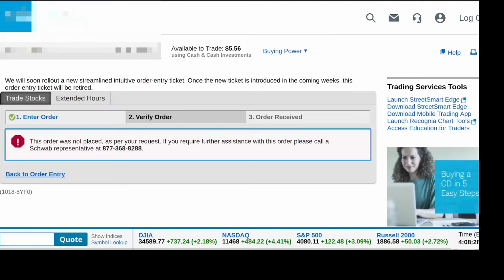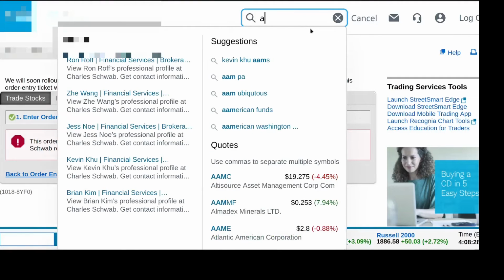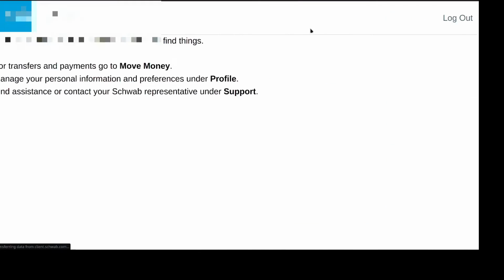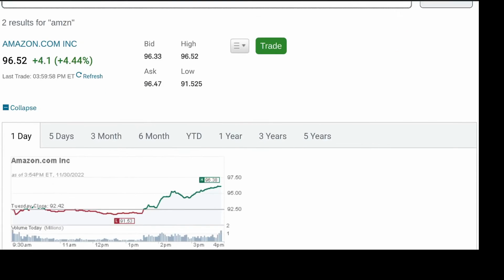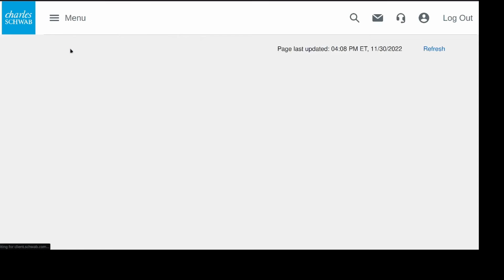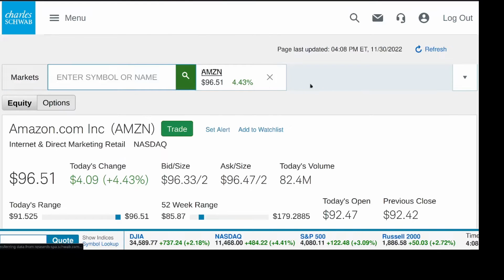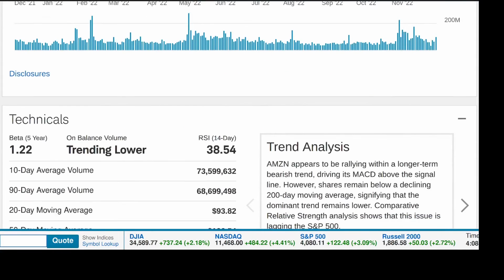But let's say we want to do a little bit of research and find out about Amazon. So I guess it's another double click, just like Vanguard. So you click on it twice and then you get the research data.